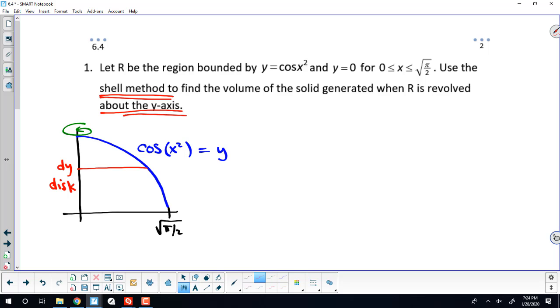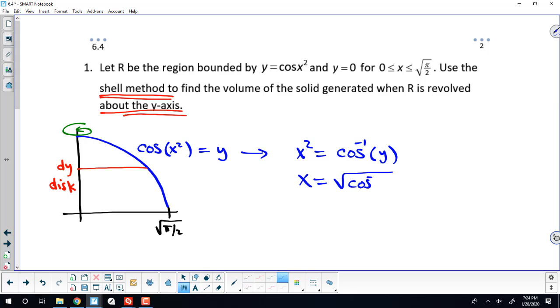But that would mean I need cosine of x squared equals y. I would need to have that thing solved for x and be able to integrate that. So initially we might just want to stop here and say, I don't want to finish solving that for x. It's going to be too difficult to integrate, right?